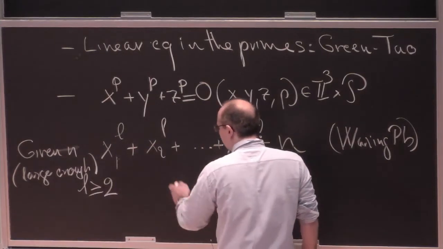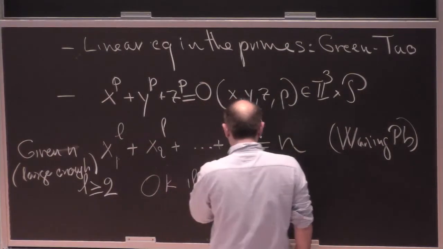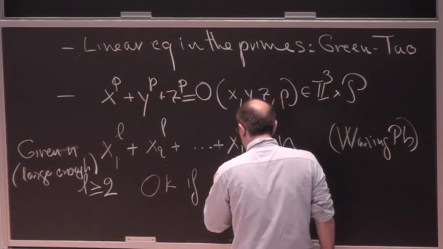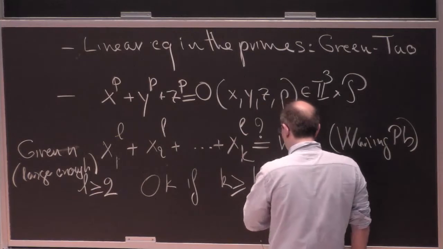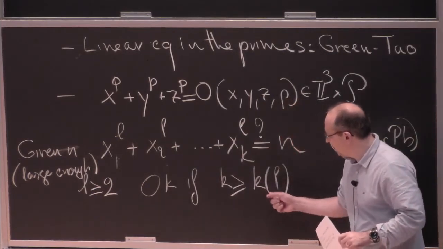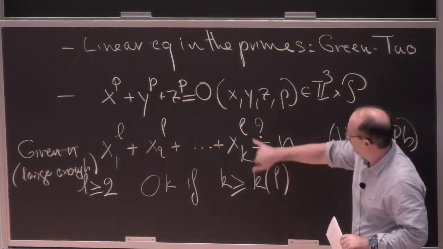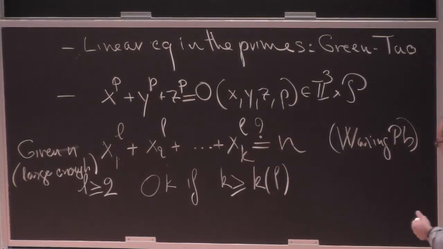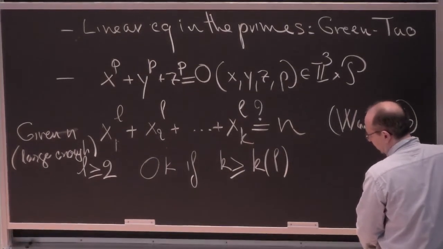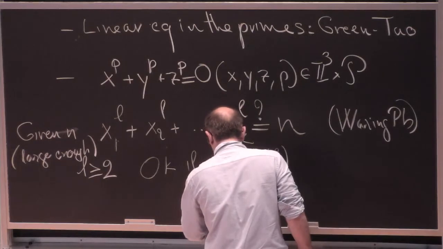You can solve this equation if the number of variables is sufficiently large, with sufficiently large depending on the exponent L. This is the content of the circle method.